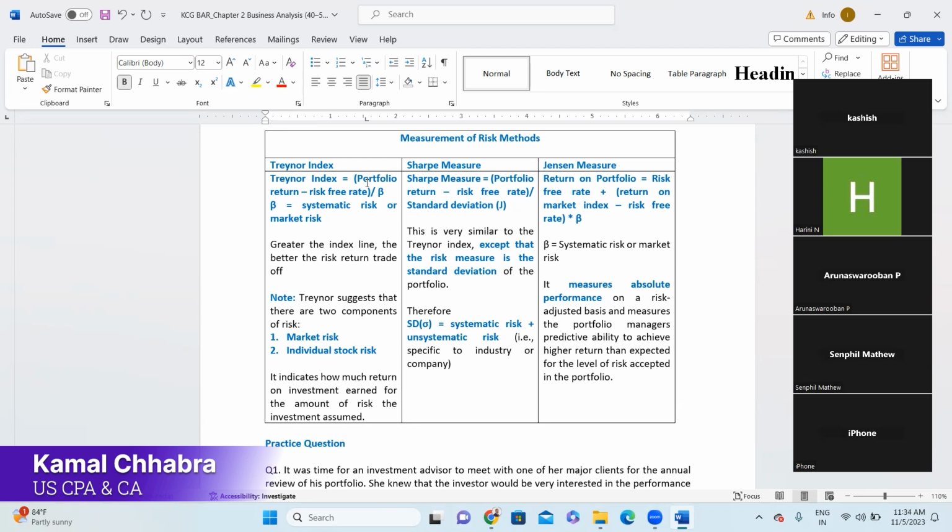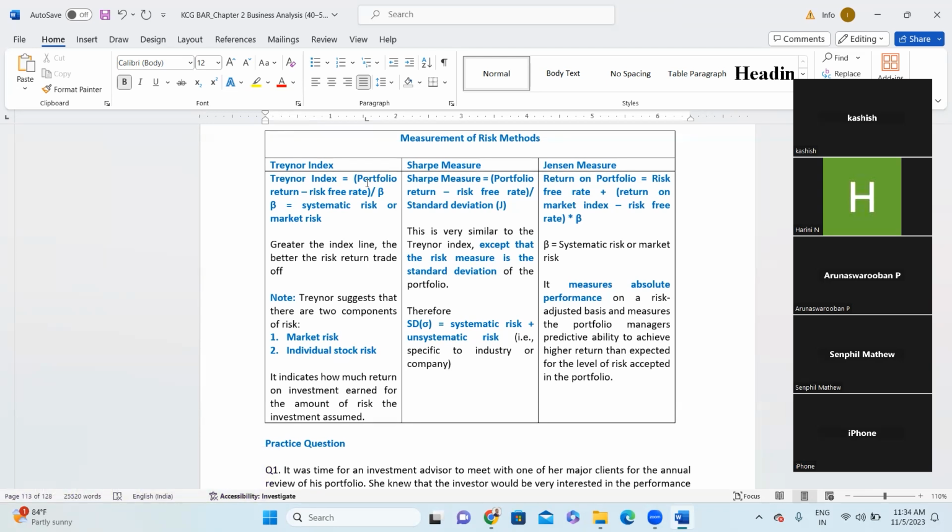Sharpe measure is portfolio return minus risk-free rate of return divided by standard deviation, right? So earlier it was divided by beta, which is systematic risk. Here you are dividing by standard deviation. So remaining things are the same, right?